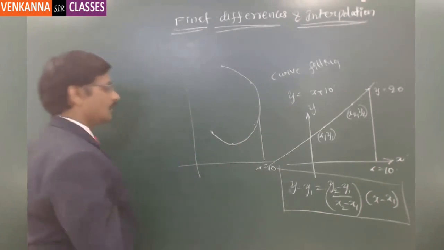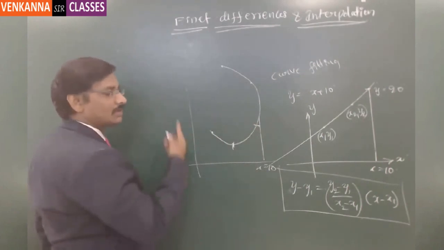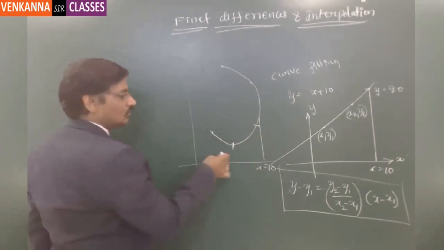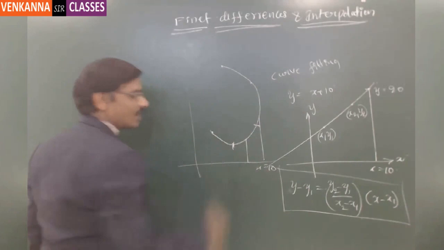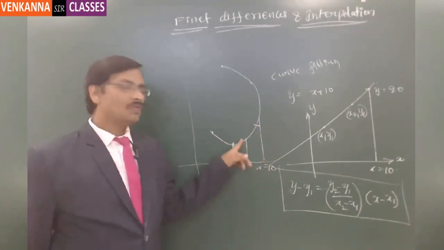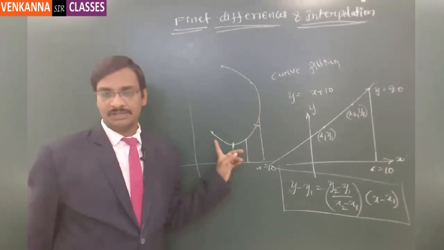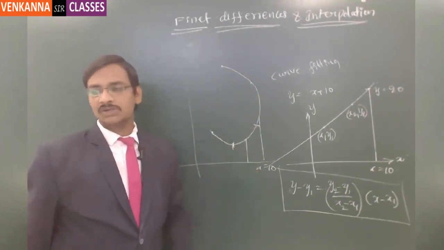Interpolation means, suppose you give two different points here, then based on the relation of this entire data, you will be able to find the value of y for any x in between these two values from the information of the tabulated data for the entire set. This is what is called interpolation.